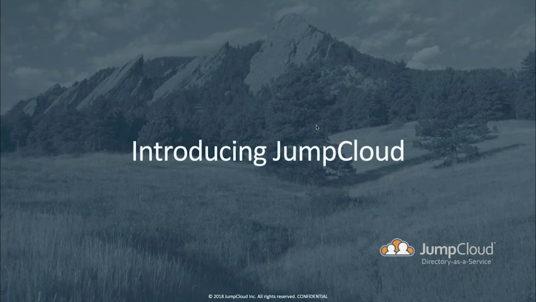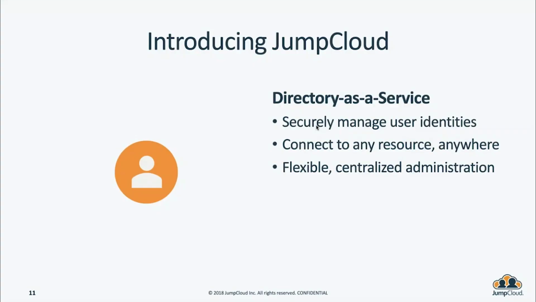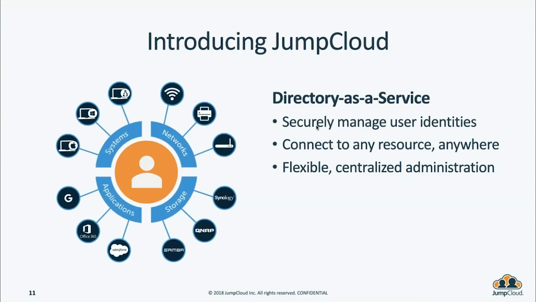We're based in Boulder, Colorado, and what we offer is what we call directory as a service. It's the first cloud-based directory service, and the purpose behind it is that we enable you to securely manage and connect your user identities to any resource anywhere, regardless of location, of protocol, all of that.